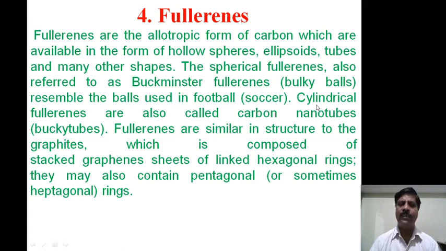Cylindrical fullerenes are also called carbon nanotubes or bucky tubes. Fullerenes are similar in structure to graphite, which is composed of stacked graphene sheets of linked hexagonal rings. They may also contain pentagonal or sometimes heptagonal rings.